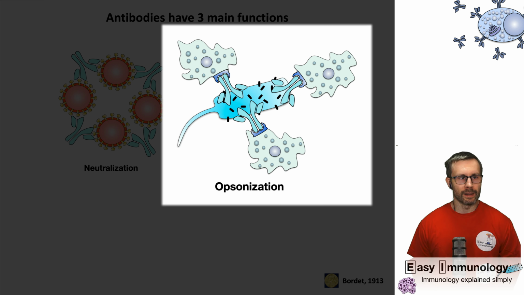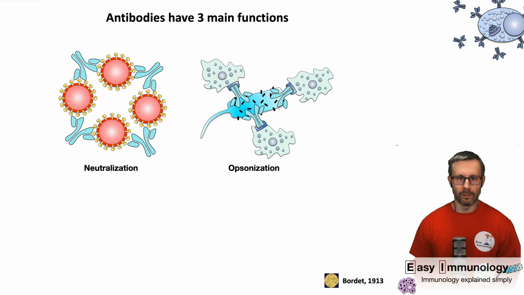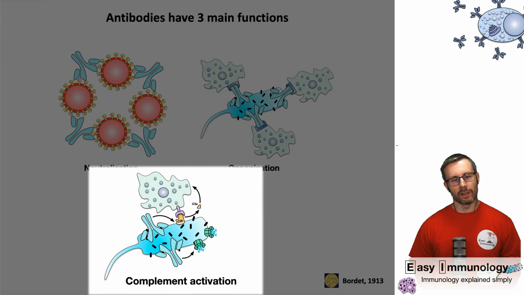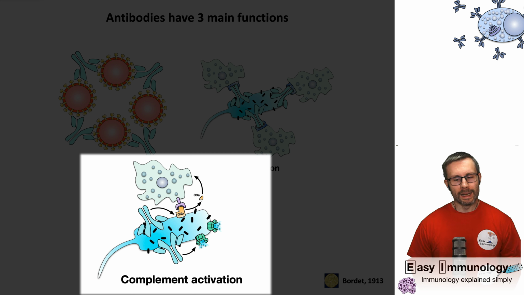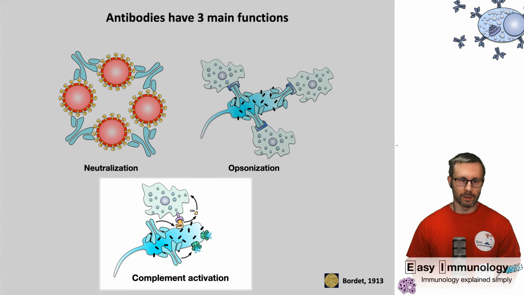The term opsonization means marking as foreign by the addition of certain molecules. And then we have the activation of the complement system that is triggered, at least in the classical pathway, by the binding of the antibodies.